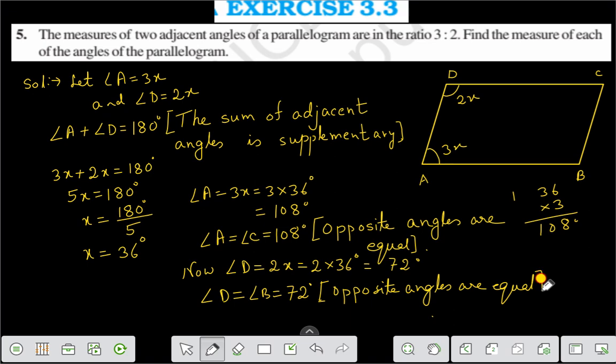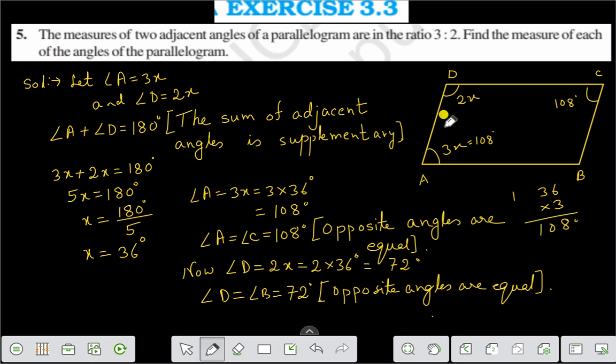Therefore, here you see that angle A is 108 degrees, and angle C is the same as angle A because opposite angles are equal, so angle C is 108 degrees.